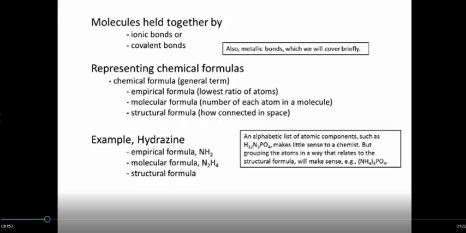They would be scratching their heads trying to figure out what this is. But instead, we try to group the atoms together in a way that makes more sense in terms of the structure of the molecule. For example, for the same H12N3PO4, if we were to write it as (NH4)3PO4, then it's pretty clear to any chemist, and maybe even to you, that this is ammonium phosphate.